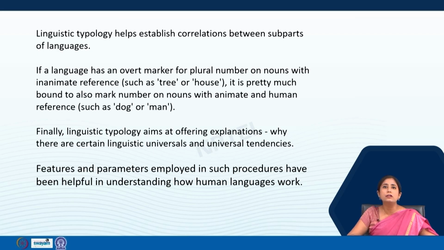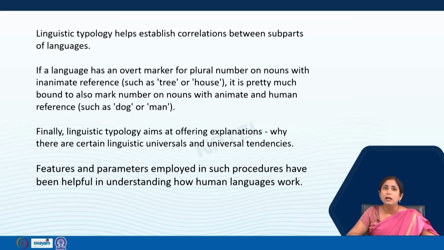So, if in a language plural markers exist for inanimate objects like tree, chair, house, then it is likely that the language will also have plural markers for human and animate objects like man, dog, cat, all those objects. So, again this tells us about the correlation. If I find this feature in the language, then it is probable that the other feature will also exist in the language.